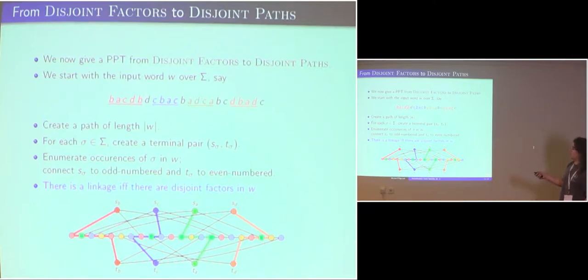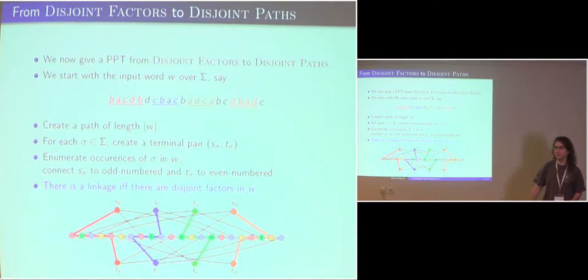On the other hand, if you have a solution to disjoint factors, you can always assume that the factor for, say, letter B is spanned between two consecutive appearances of B, because I could always shrink it if there was a B in the middle. So it is always spanned between some even occurrence and some odd occurrence, or vice versa. This gives me also such a path here, either from odd to even, or from even to odd.